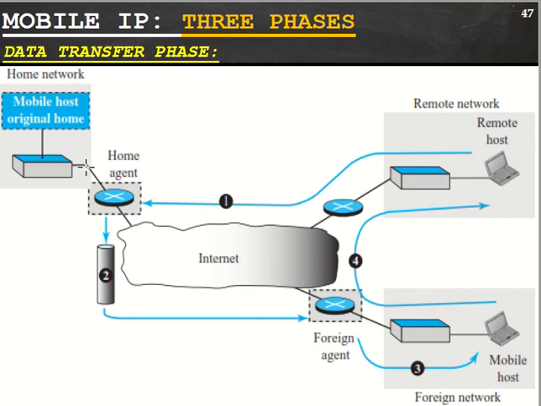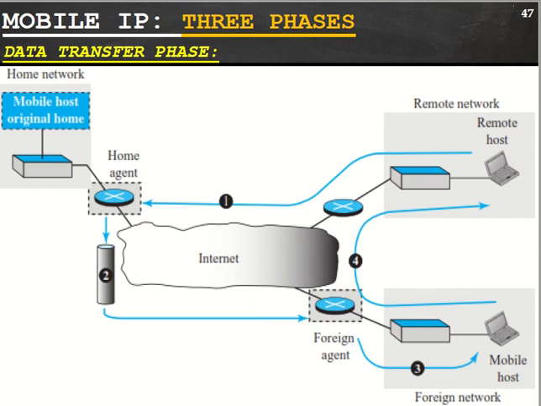In other words, the remote host sends a packet as though the mobile host is in its home network. The packet, however, is intercepted by the home agent, which pretends to be the mobile host. This is done using the proxy ARP technique, which will be seen in the coming slide.